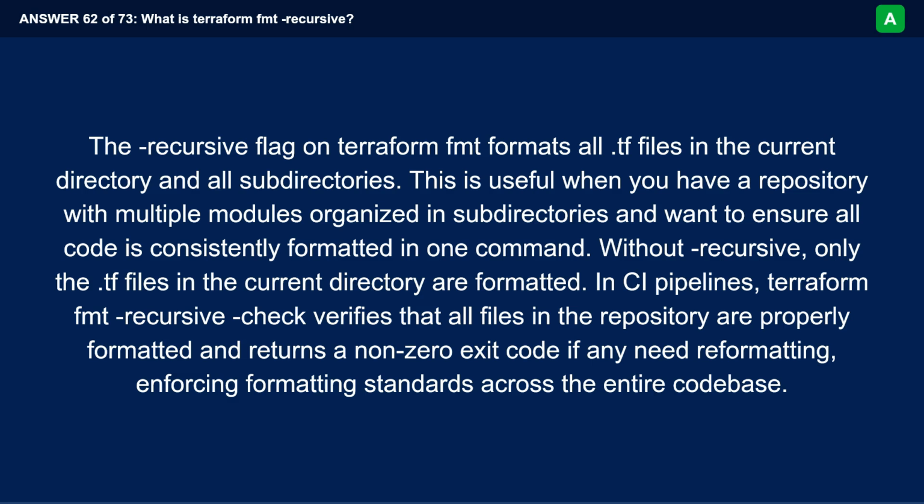Without recursive, only the .tf files in the current directory are formatted. In CI pipelines, terraform fmt -recursive -check verifies that all files in the repository are properly formatted and returns a non-zero exit code if any need reformatting, enforcing formatting standards across the entire codebase.